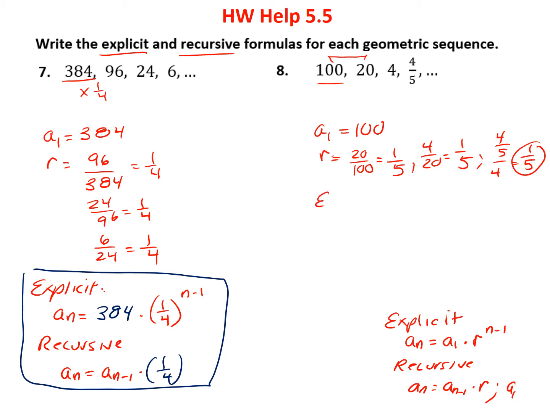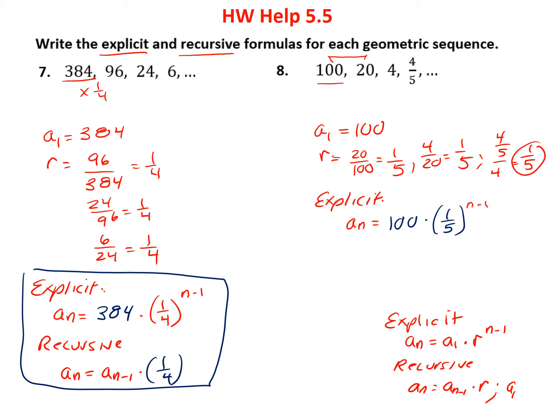So now we can write our terms. Explicit, a to the n equals the first term. First term here is 100 times the common ratio, 1/5. Put that in parentheses, n minus 1.